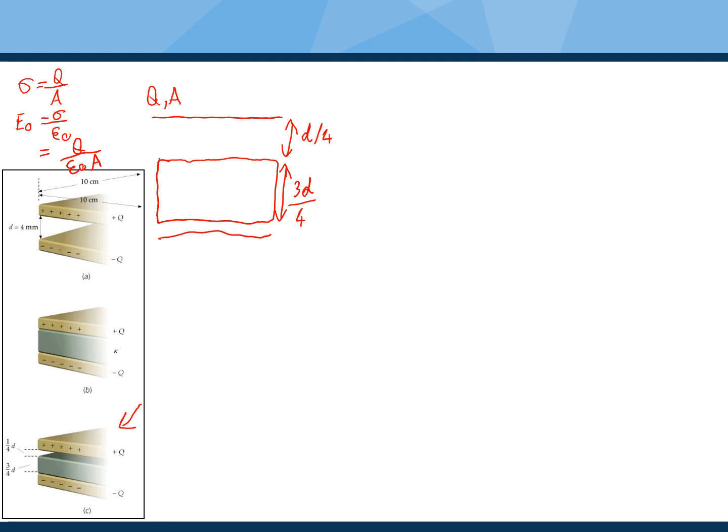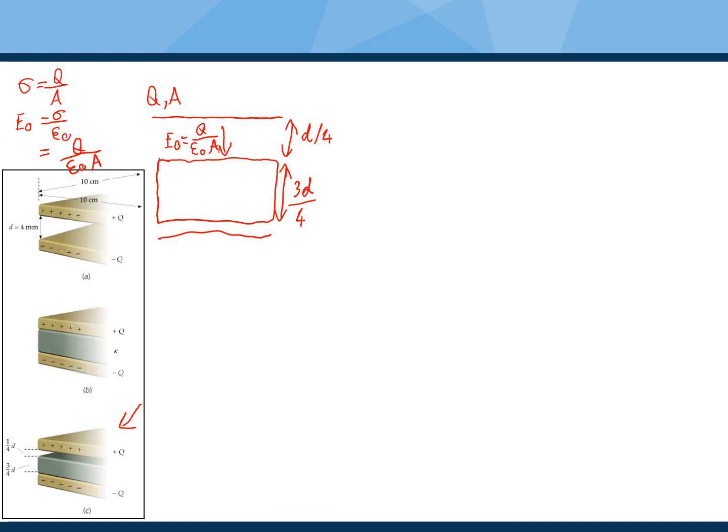In this region, we still have the original electric field, which is still given by E0, equal to Q divided by epsilon naught times A.